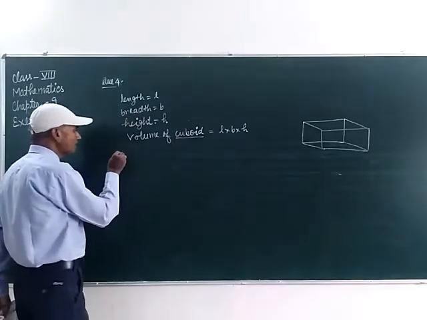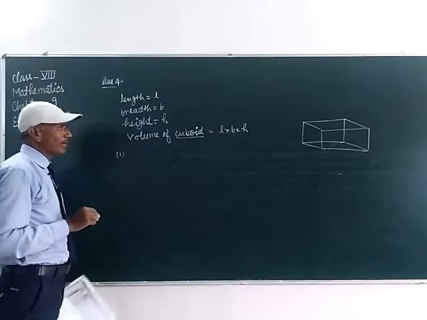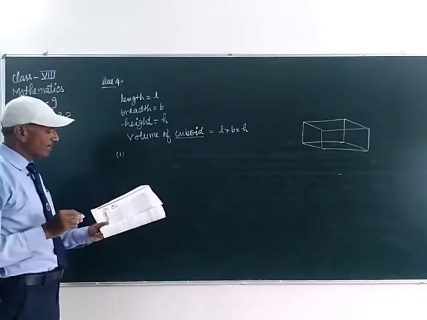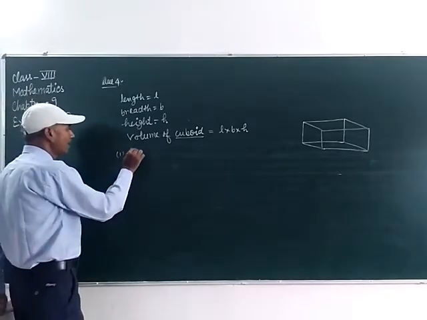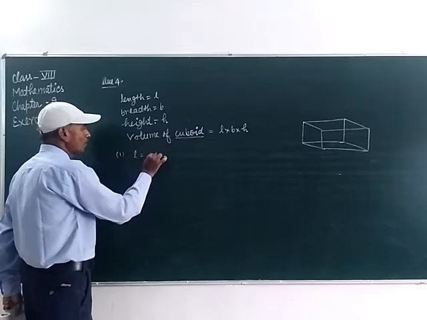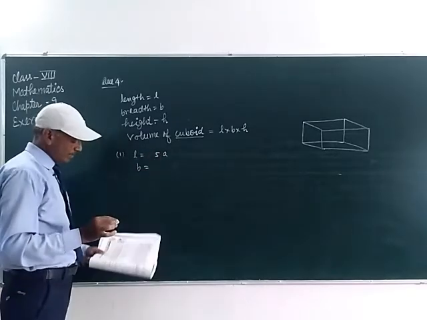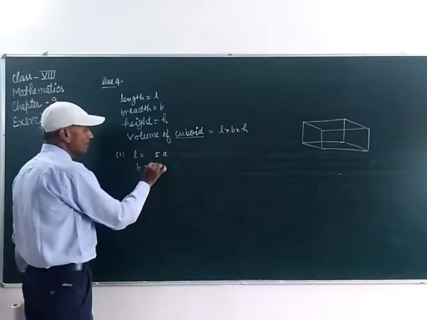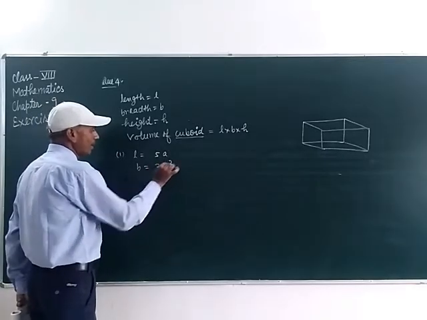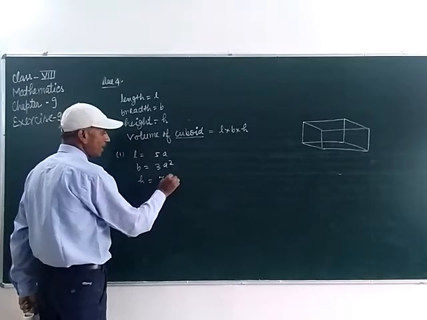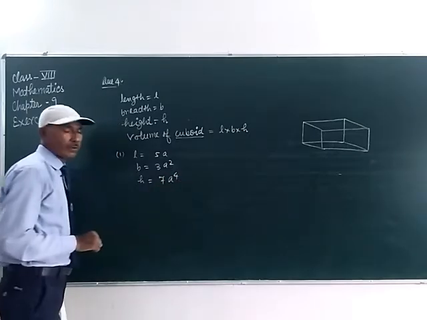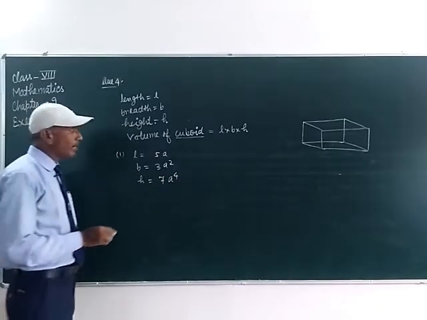So in the first part of the question, student, it is given that L is equal to 5a, B, width, is equal to 3a square and H is equal to 7a to the power 4. Clear, student?